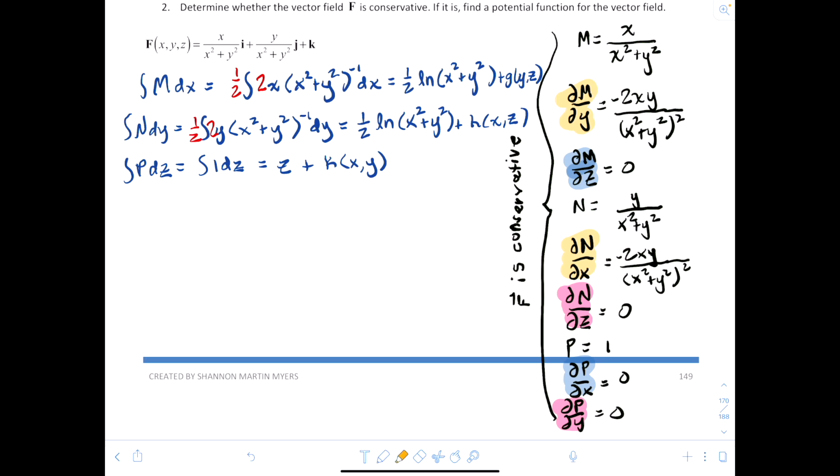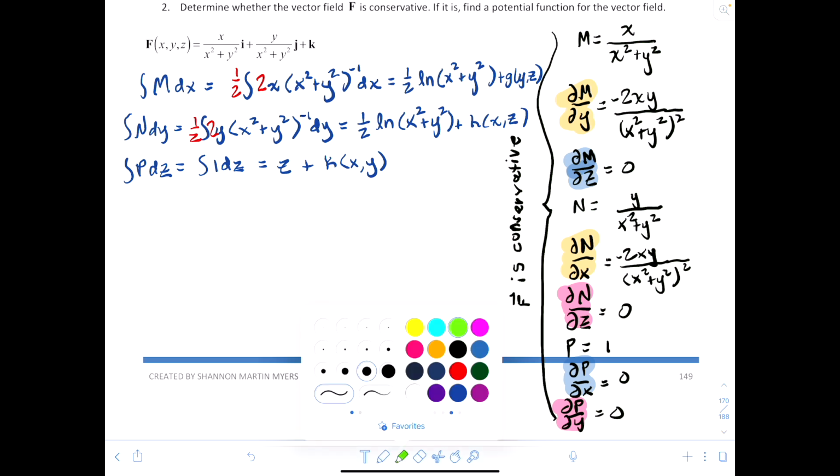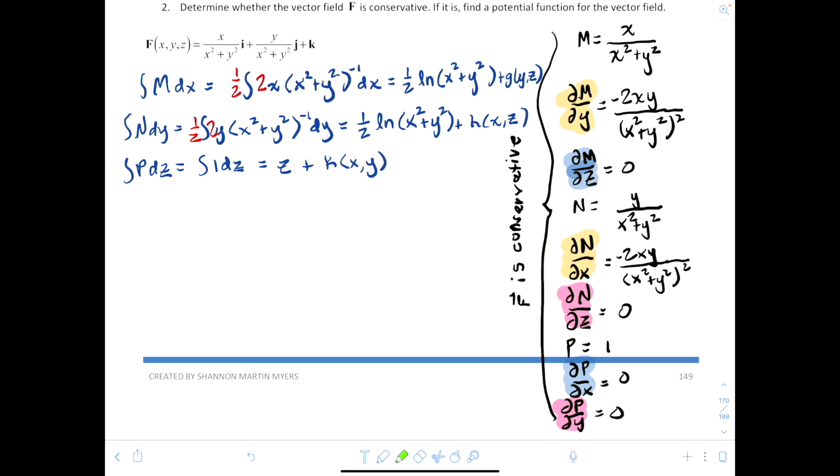Notice that we have 1/2 natural log of x squared plus y squared in that first line, and in the second line. And so that is our function of both x and y. That will be our k of x and y.